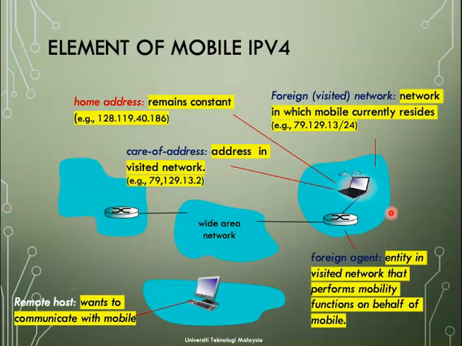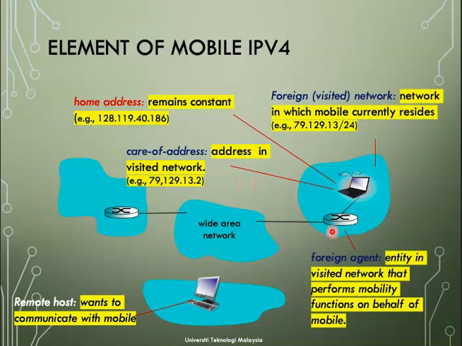The foreign network is the network in which the mobile currently resides, or to which the mobile is currently attached. The home address will remain constant for this mobile host. However, it will be allocated another type of address, which is the care of address. This is the address in the visited network.